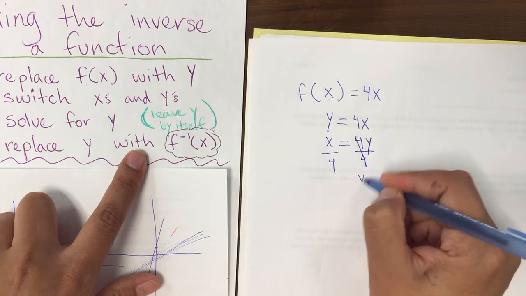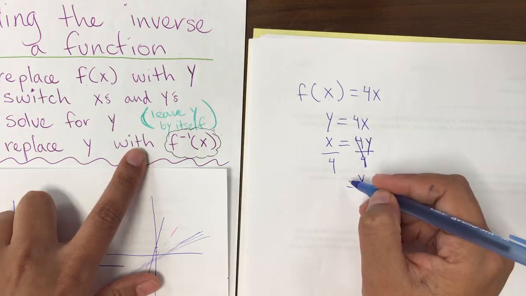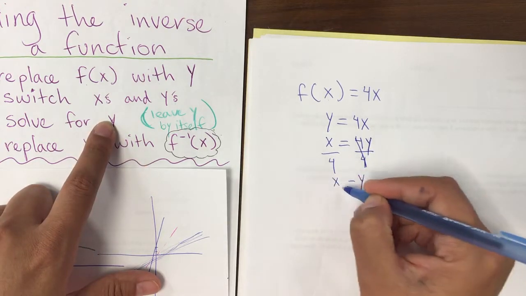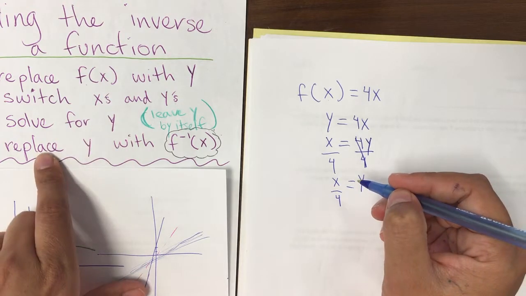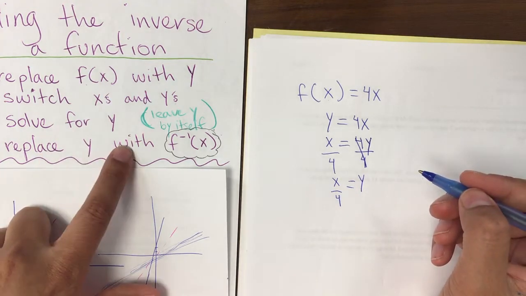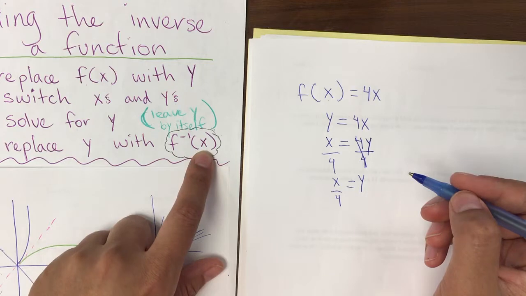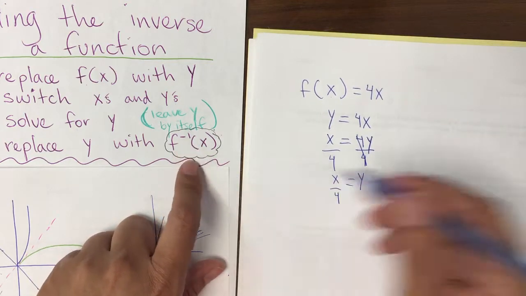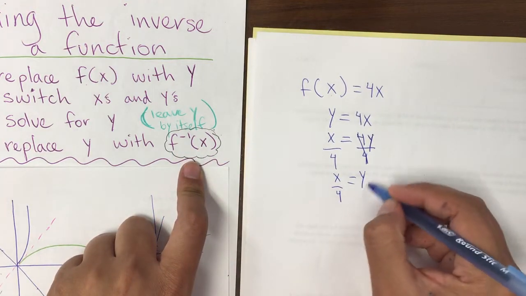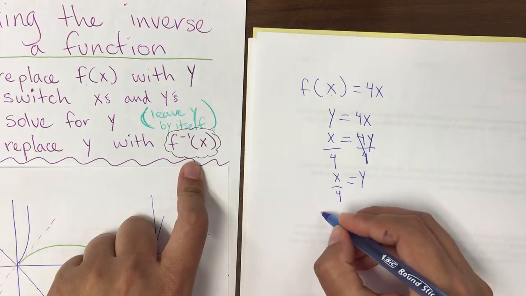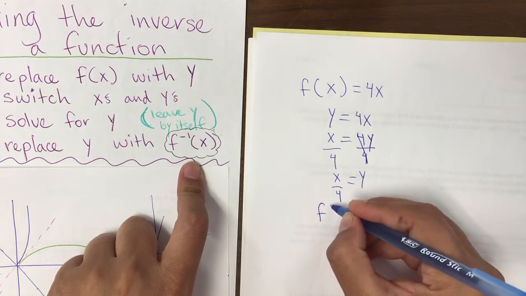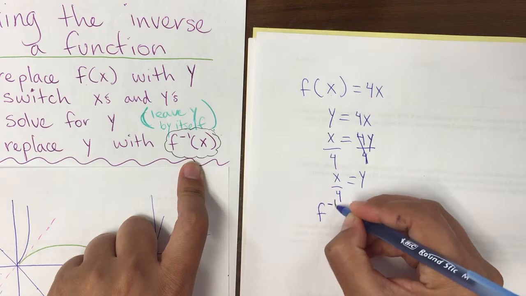And so my y is equal to x over 4. And finally, we replace y with f inverse of x. So instead of writing this, however, I'm going to put it in here first, okay? So that it looks more traditional.